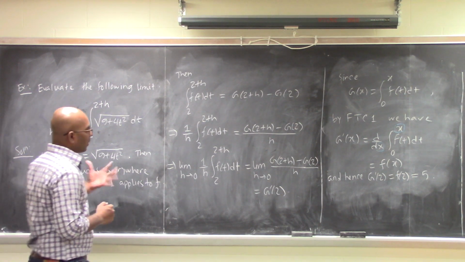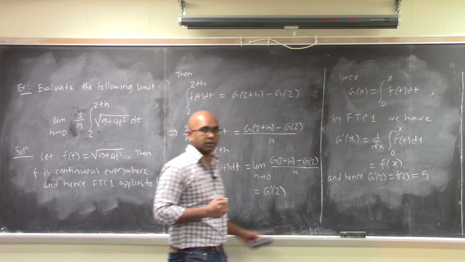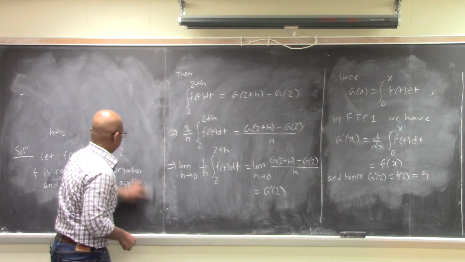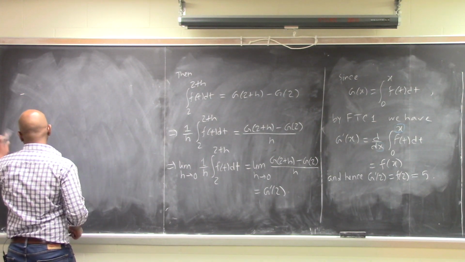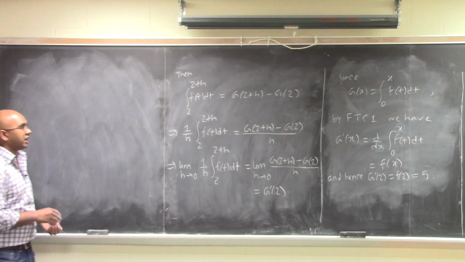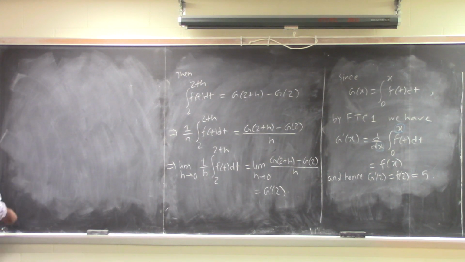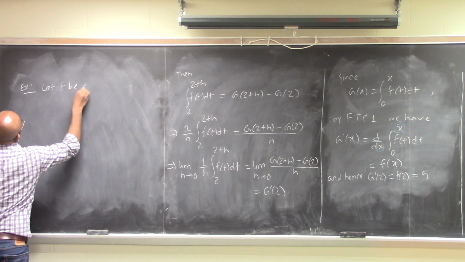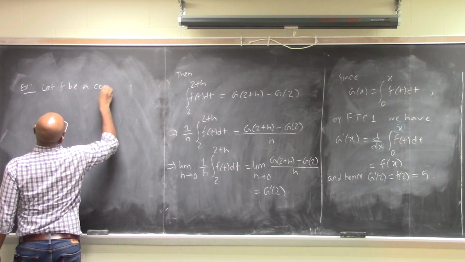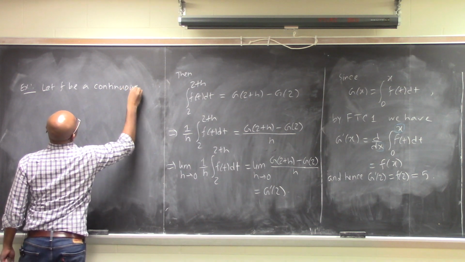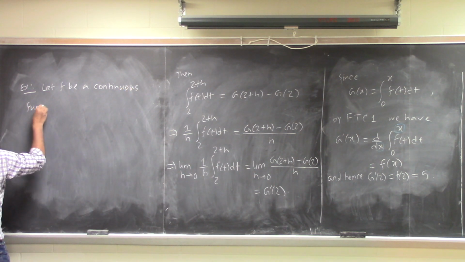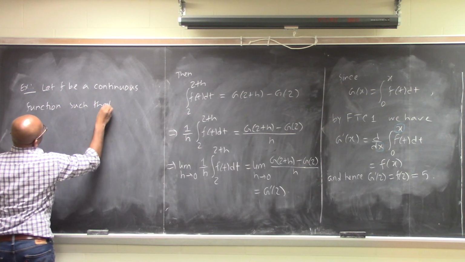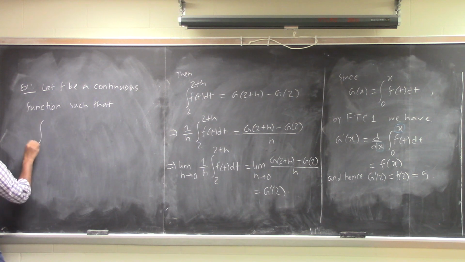So, one more problem about finding derivatives. This is a pretty good problem. I like this problem. I actually like this one and the one I'm going to do now. So, let f be a continuous function such that it satisfies this equation.